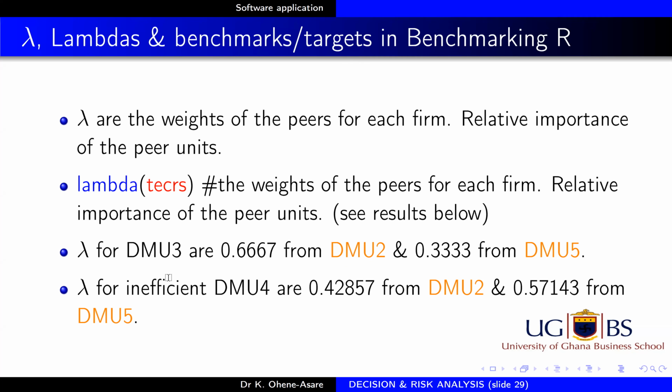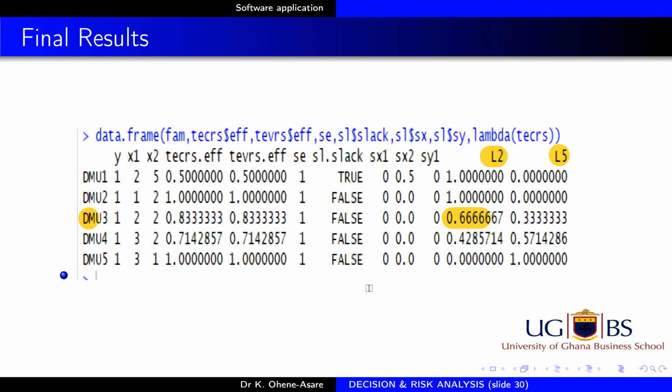Now, if you look at DME4, it is also an inefficient firm, and its lambdas have also been indicated. You can see that DME4 is putting more weight on DME5. Why? Because when you look at the target tracing, it is closer towards 5 than towards 2. Unlike DME3, whose target tracing is closer to DME2 than DME5.